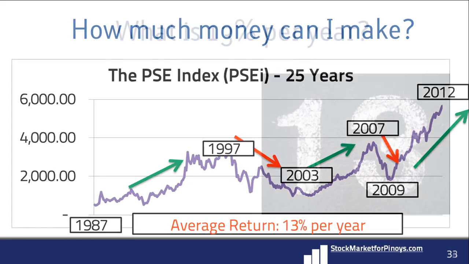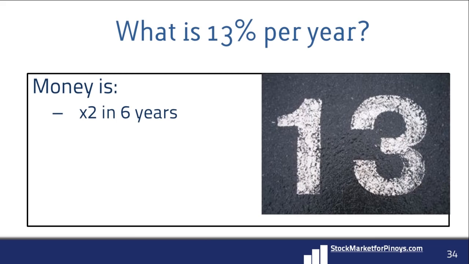Because 13% is so much higher than what you can get from bank deposits and savings accounts. It's a lot higher from what you can get from retail treasury bonds, which are just around 5% per year. And it's much higher than what you can get with pre-need plans. Relating this to our first video, the 13% is so much higher than our inflation rate, which has been averaging only at 5.5%. So the stock market also beats inflation.